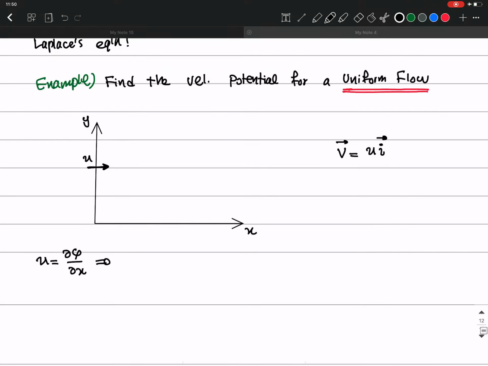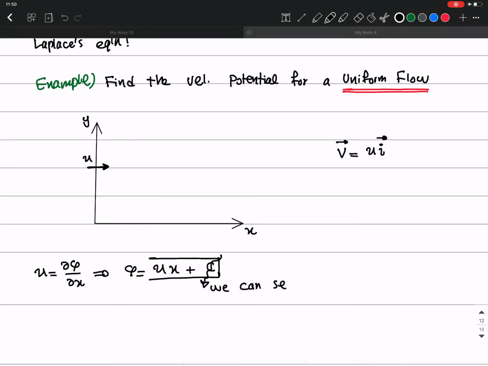So phi, the velocity potential, is going to be ux plus c, right? So this is going to be our velocity potential. And we can set this c to zero.